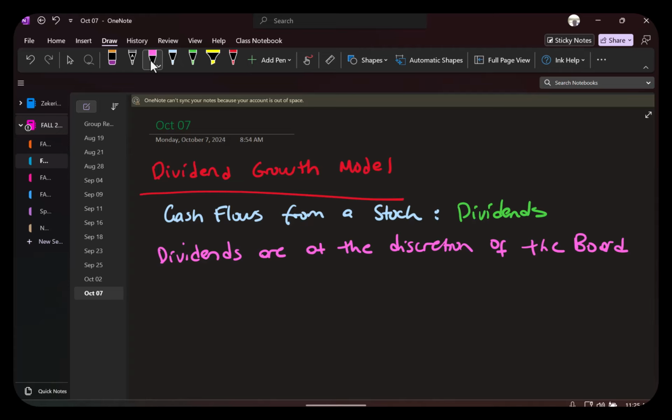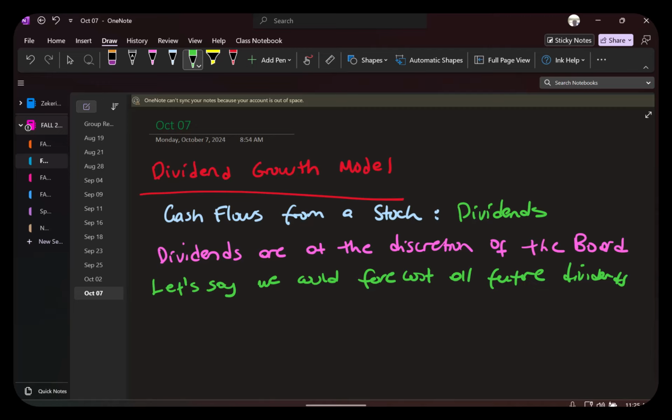But let's say we could estimate all future dividends from now until the end of time.